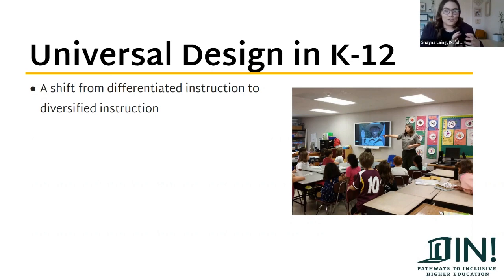And this really challenges educators to not just do the differentiated instruction, but to go more towards diversified instruction. And what I mean by that is the same goal, the same target for all students, but allowing them to select how they're showing their growth in that particular target. And this is what we're doing with our students in inclusive higher education programs.